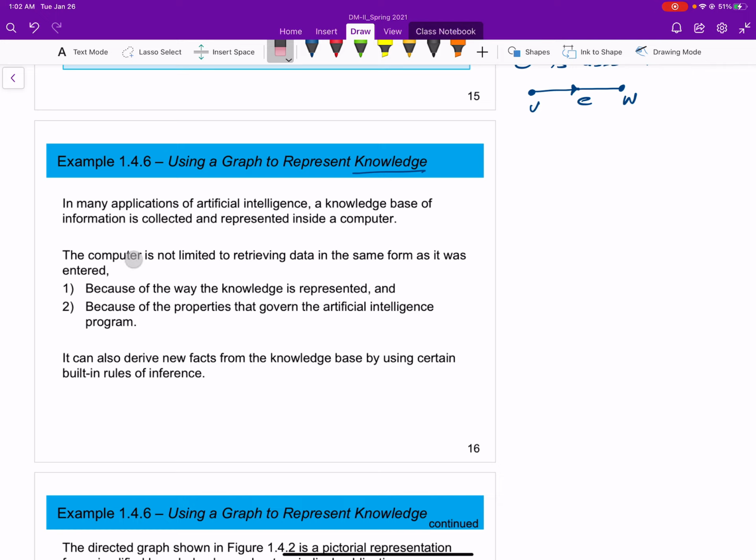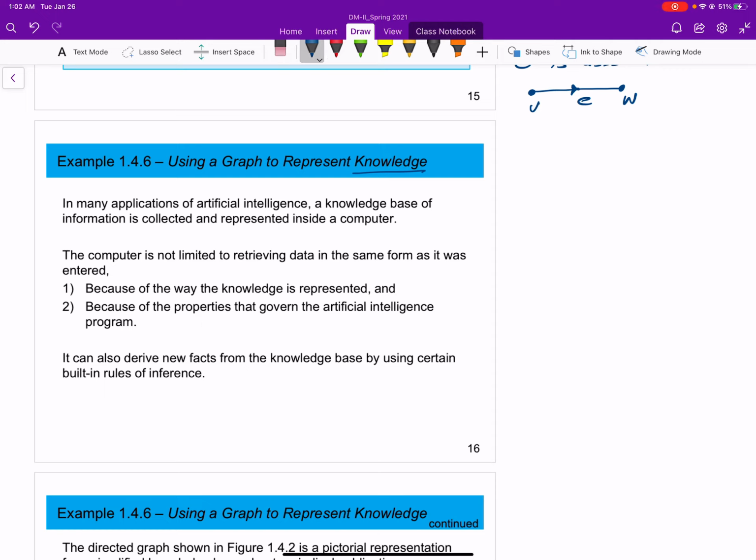The computer is not limited to retrieving data in the same form as it was entered. You enter data in one form, but you can retrieve it in a different form, because of the way the knowledge is represented and because of the properties that govern the artificial intelligence program.